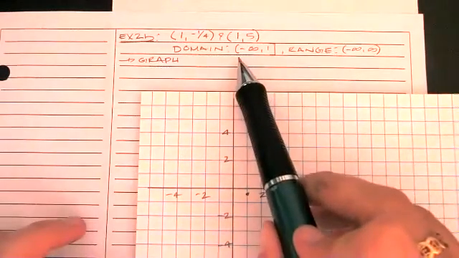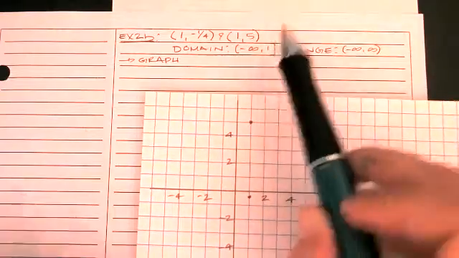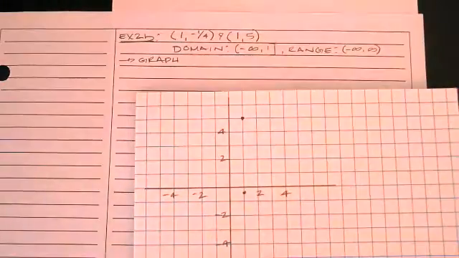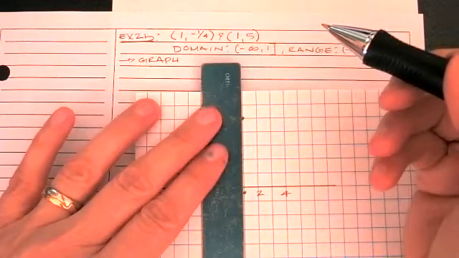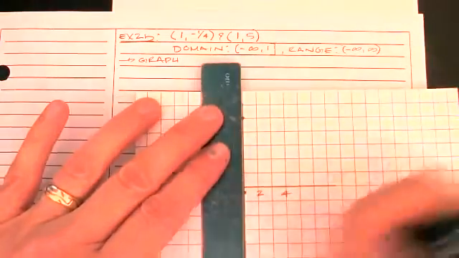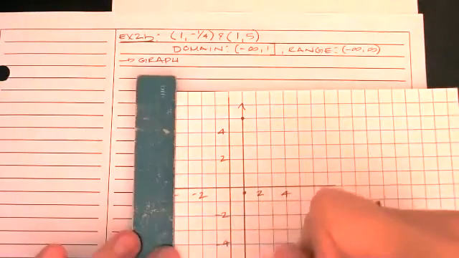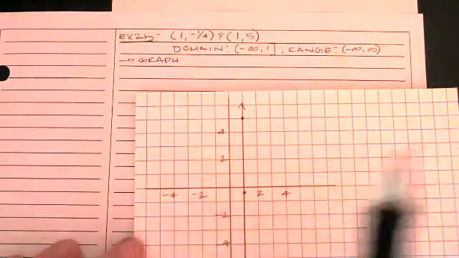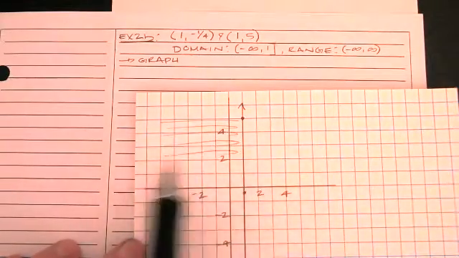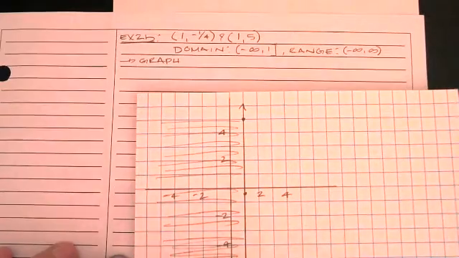Like if I had to connect these 2 points, there's really no way I can avoid it being a vertical line. Now I notice the domain goes from negative infinity up to and including, the bracket means and including 1. So that tells me this is not going to be a dashed line, this is going to be a solid line. So here's my solid line. And I can also tell that it's going to be everything to the left of the line. So this is really what I have going on, right? The shading is over here, right?